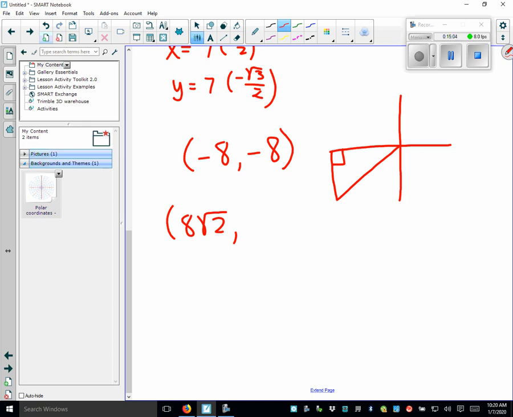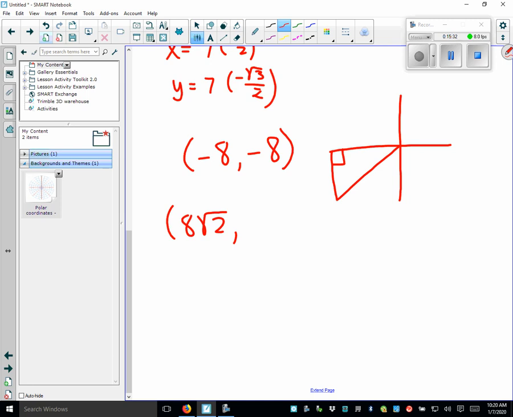Negative 8, you don't know what quadrant negative 8 is in? Isn't that what you did in like 7th grade? If they're both negative, then it goes in the third quadrant. You missed that part where I said we're now rectangular. That's what rectangular means, is X and Y. So you'll know on the test, that's what it means, X and Y.